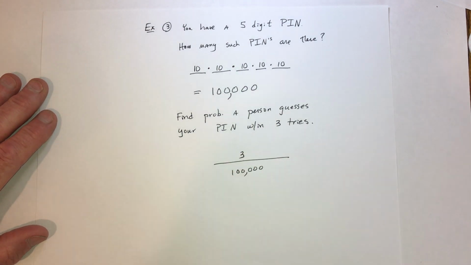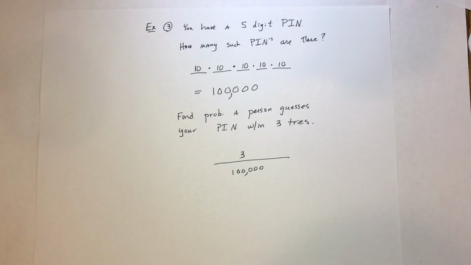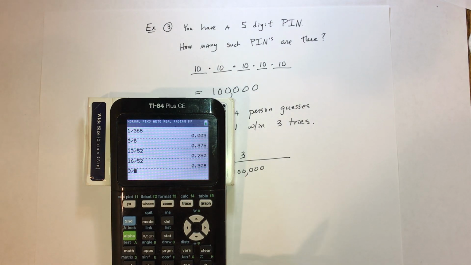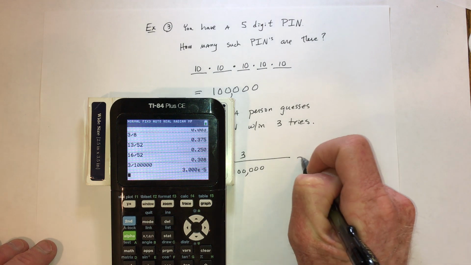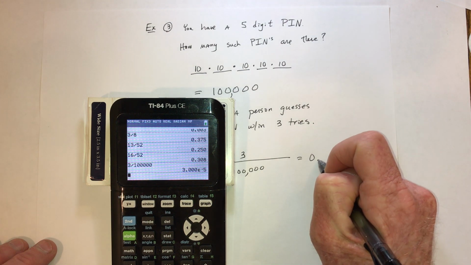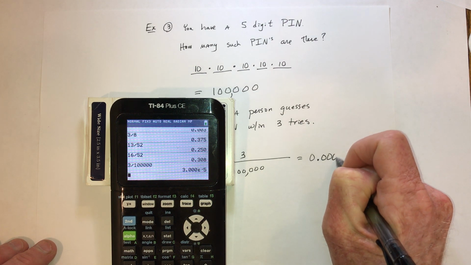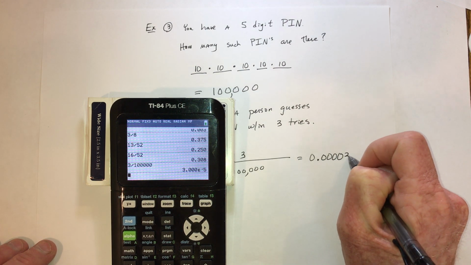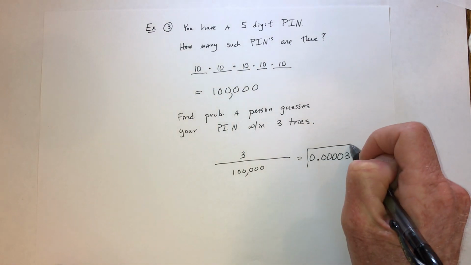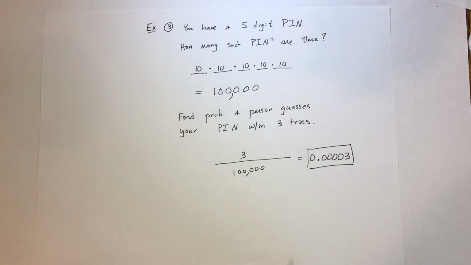So they get 3 out of 100,000. 3 out of 1, and then 1, 2, 3, 4, 5 zeros. So that's scientific notation saying move the decimal to the left by 5. So it's going to have 1, 2, 3, 4 zeros, and then the 3. So a very small chance that they're going to guess that PIN number.